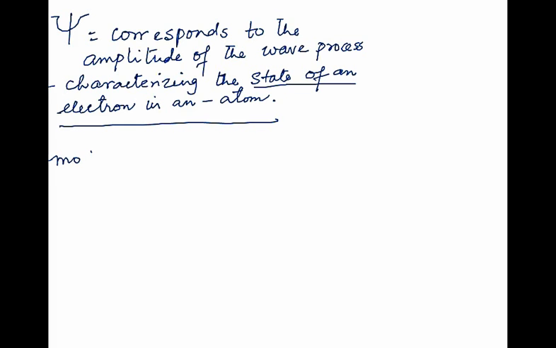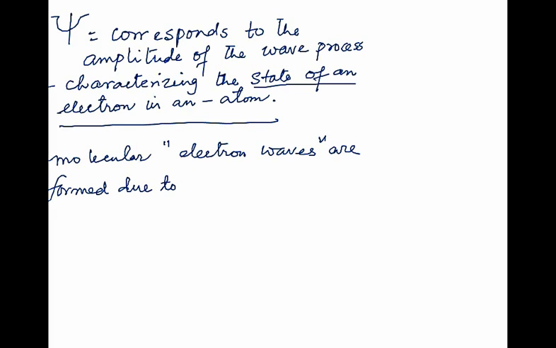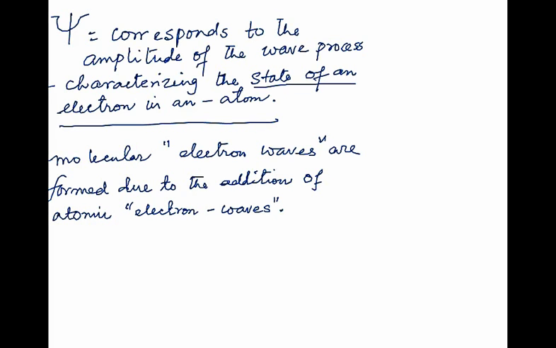So we can see that molecular electron waves are formed due to the addition of the atomic electron waves. It is by a simple summation of the different atomic electron waves that we get a molecular electron wave.